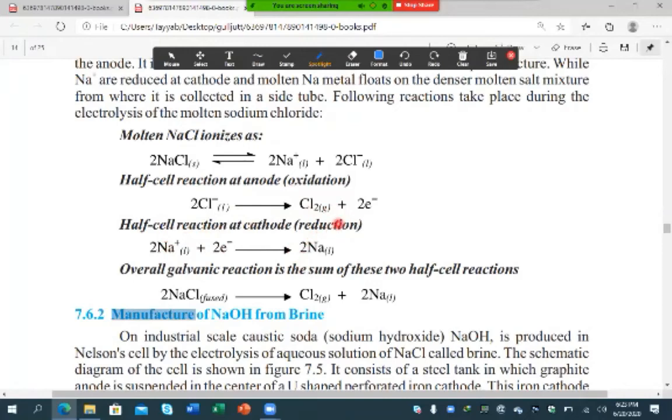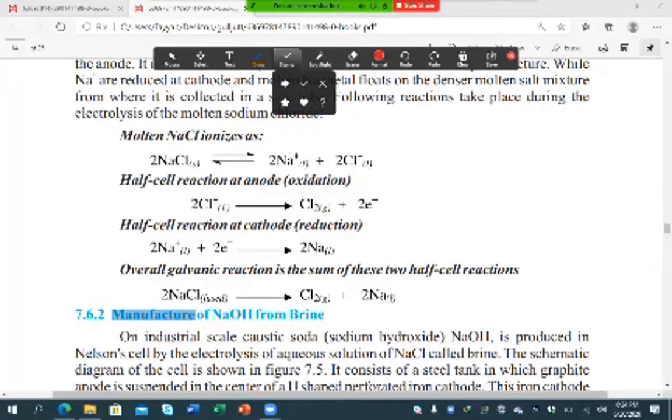When we write the overall reaction, this electron is cancelled with this electron, and this chloride ion with this, and this with this metal.